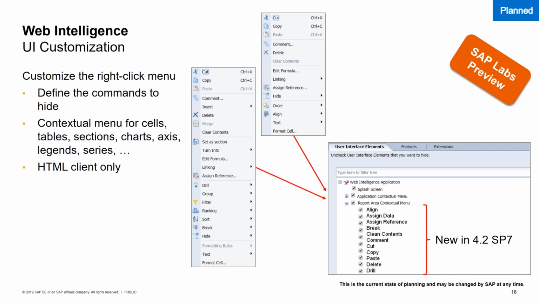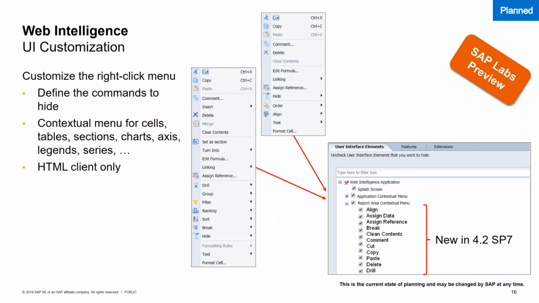This is a functionality for the IT, and this functionality lets you customize the entire Web Intelligence interface by showing or not specific functionalities. Before Service Pack 7, it was not possible to customize the right-click menu.